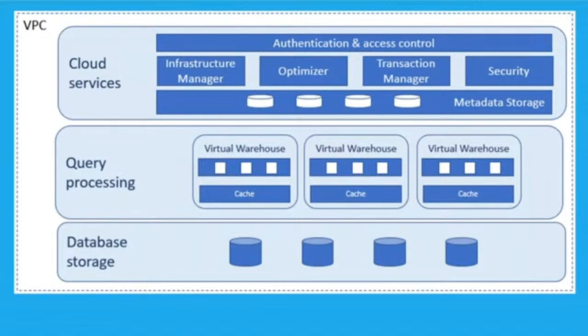Guys, I recommend you make some running notes also. I will share this content after the end of the session. So this query processing layer is a hardware component which can be called a virtual compute warehouse.